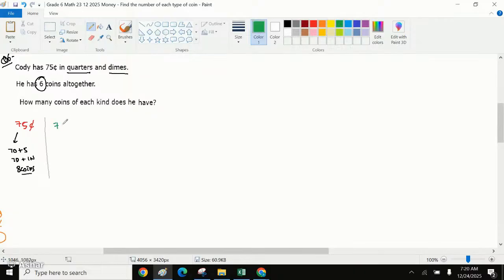If this was 75 cents, let's say if we break this down into 2 quarters, that would be 50 plus 25 is left. So can we say 2 quarters, 2 dimes, and 1 nickel? That would be 20 plus 5. But this is summing up to how many coins? 5 coins. And we are supposed to have 6 coins in the answer, right?